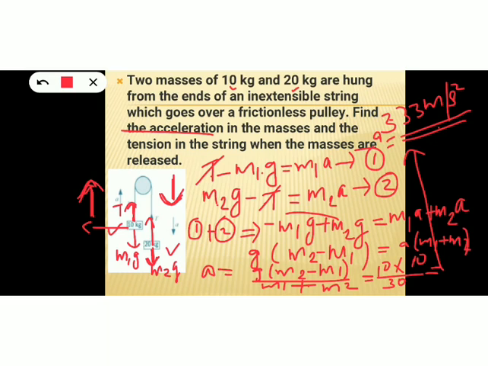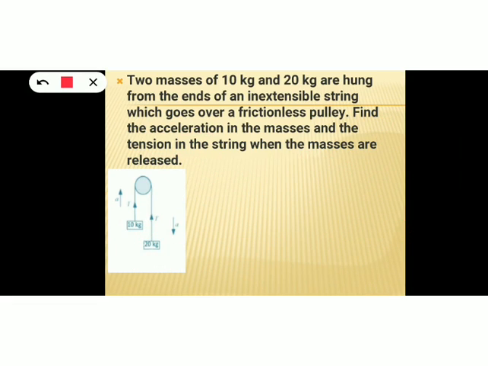You must also find the tension in the string. Whenever you substitute the value of a in either equation 1 or equation 2, you will get the value of tension. So let me do that. We got the acceleration a equal to 3.33 meter per second square. The first equation of motion was T minus m1g equal to m1 into a.